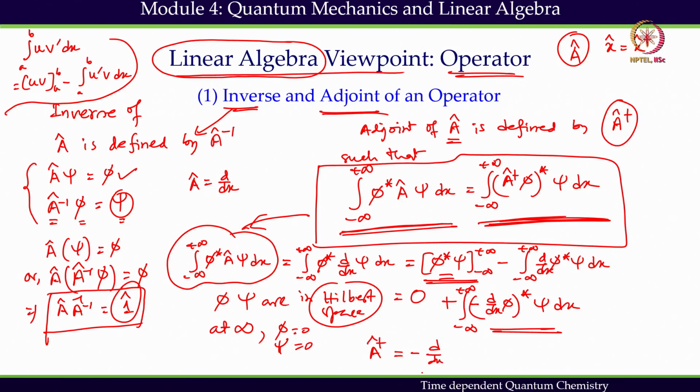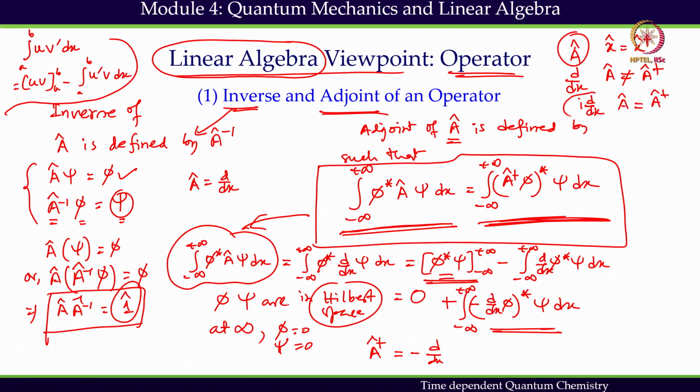So, what we see here is that if it is the derivative operator d/dx, then A is not equal to its adjoint. So, it is not necessary that the adjoint would always be the same as the operator. It depends on what kind of operator I have. One can very easily prove that if the operator is i d/dx, then it will be equal to its adjoint.